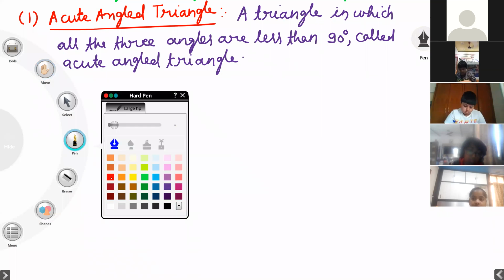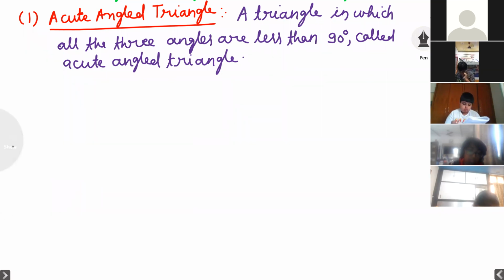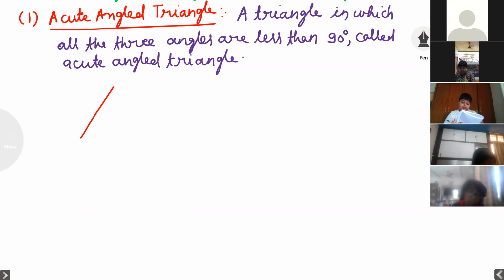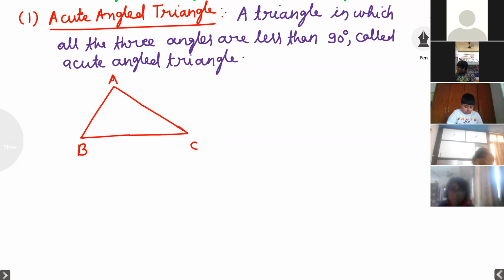Observe this figure, students. Suppose this triangle name is ABC. This angle is 60 degree.